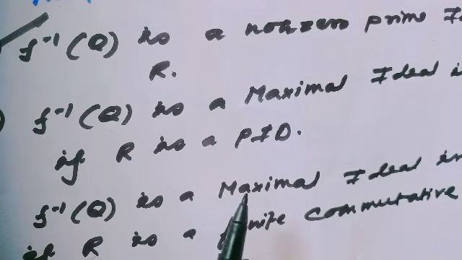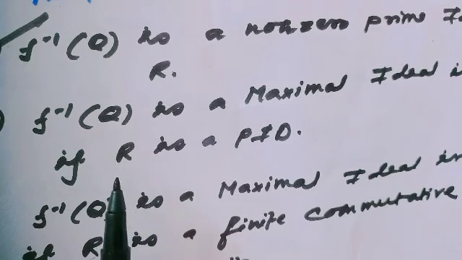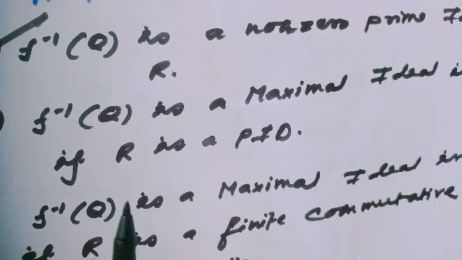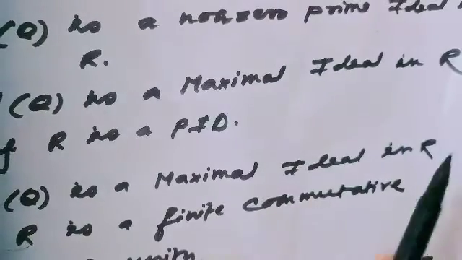Since R is a PID and I have proved a few minutes ago that F inverse Q is a non-zero prime ideal, obviously F inverse Q is a maximal ideal in R. So option 2 is also a right option.